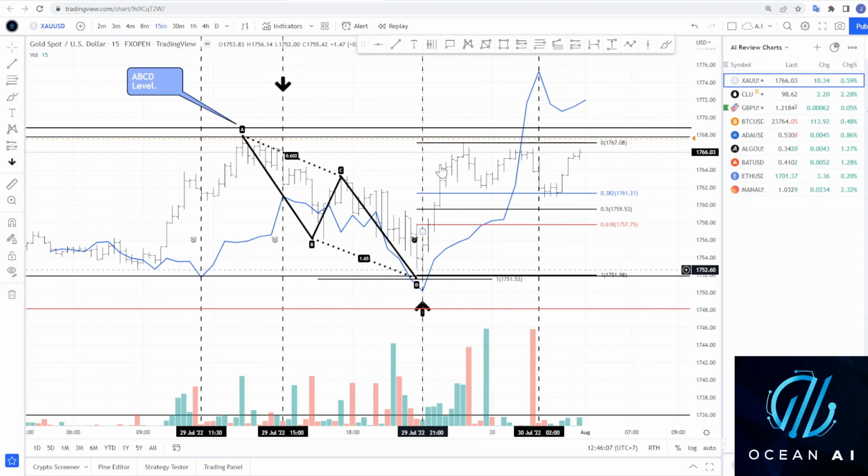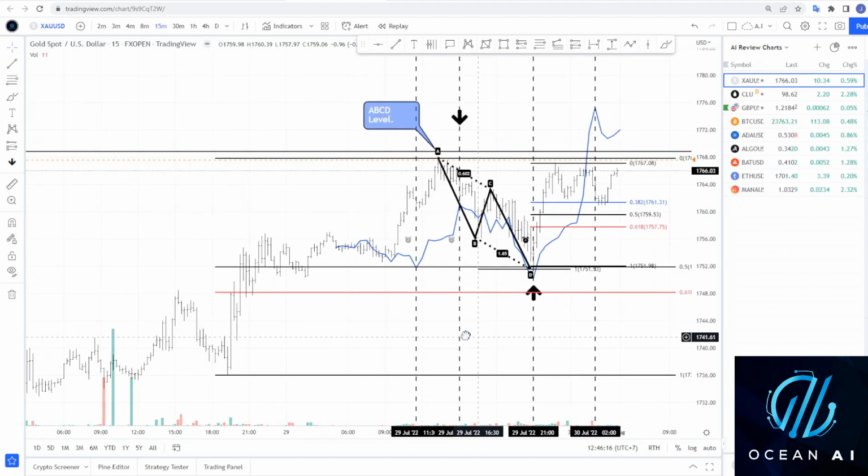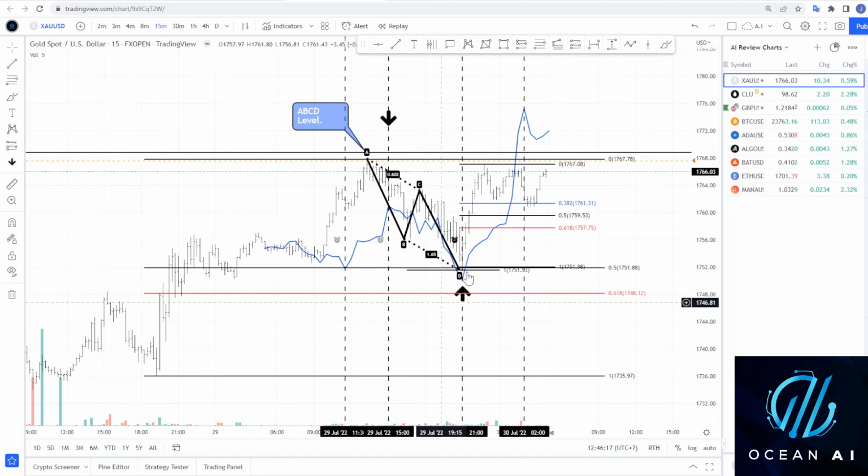It took off from there, and that's the ideal setup we're looking for: something to come down into a level at a pattern. We also had, from this last low over here, that 50 to 60% area. So, an ABCD into the 50% at an expected change in trend window. Ideal scenario, and it moved straight away.